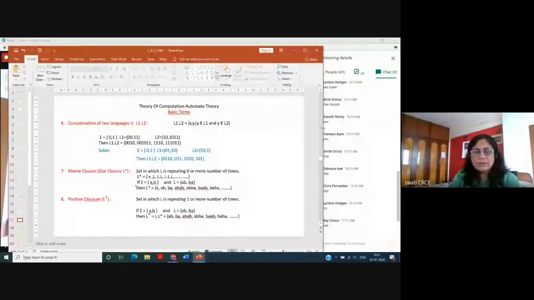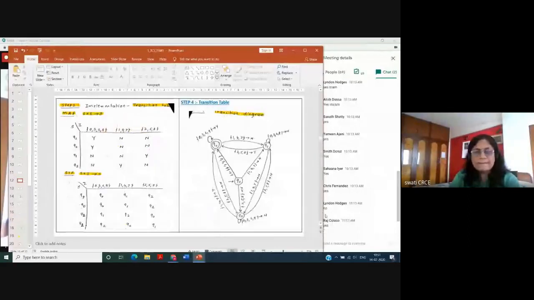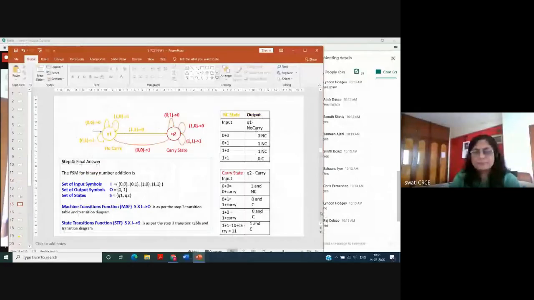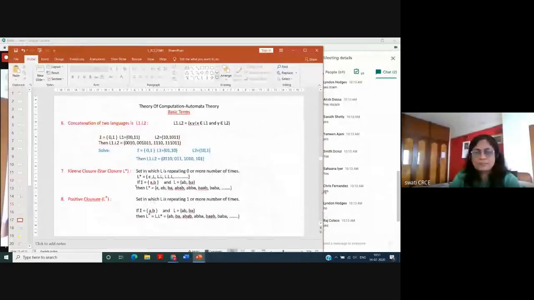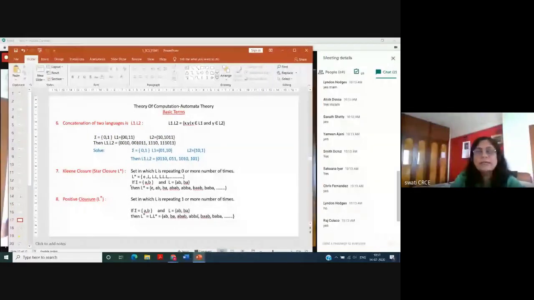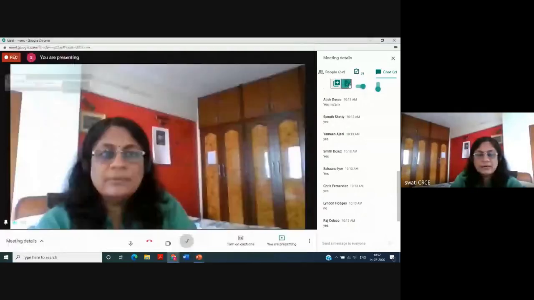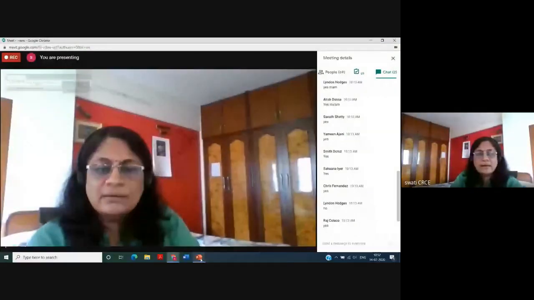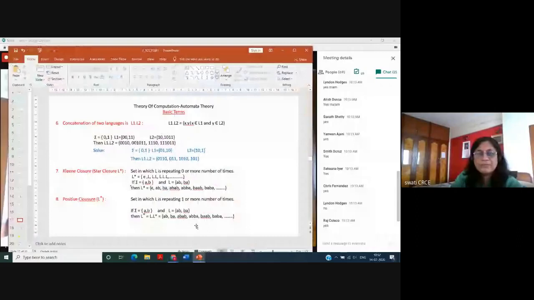The second one is about the positive closure. It is represented as L plus, and the definition is that it is a set of language L which is repeating for at least 1 time, and then any number of times more.